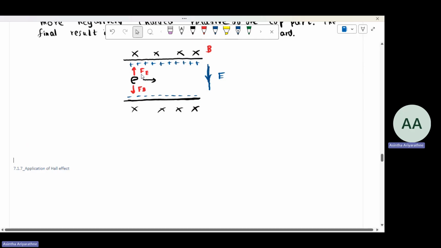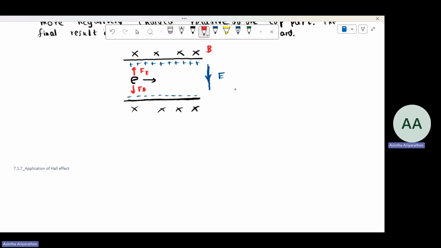The potential difference gets increased, so the electric field increases.